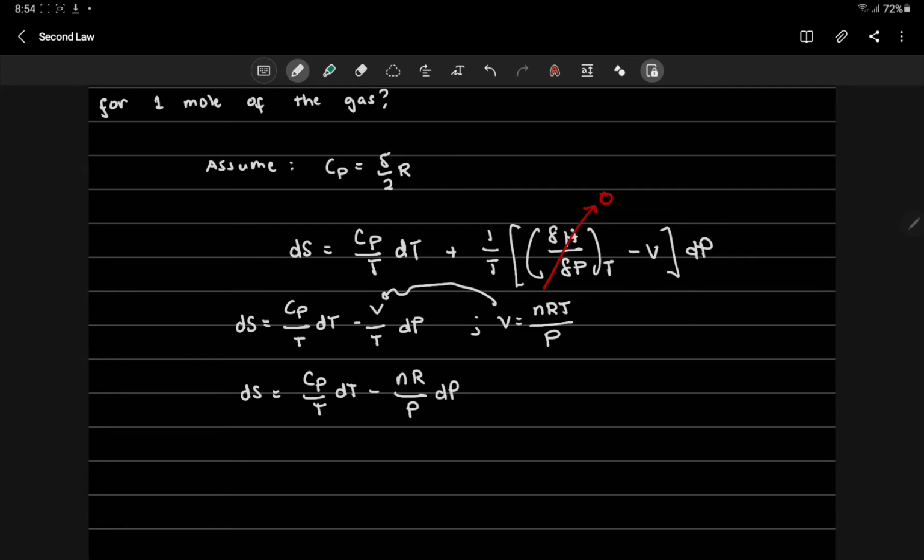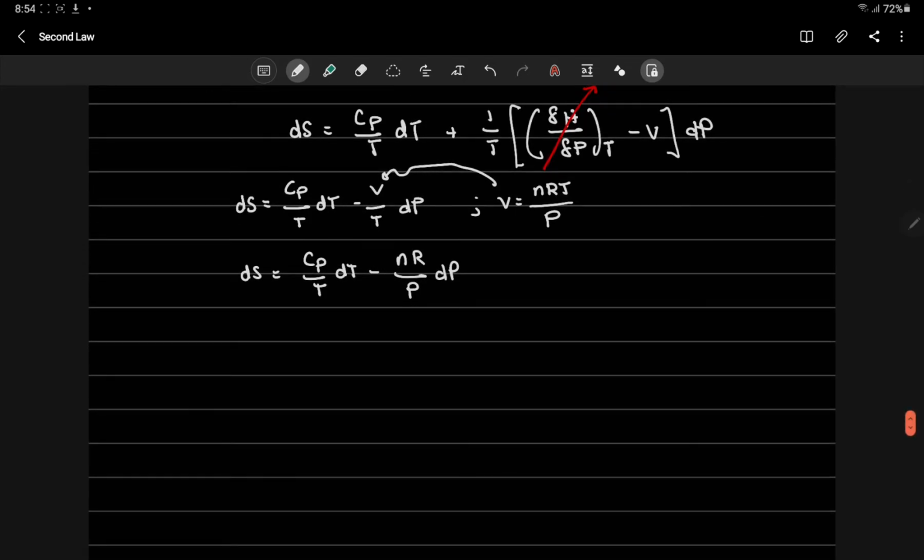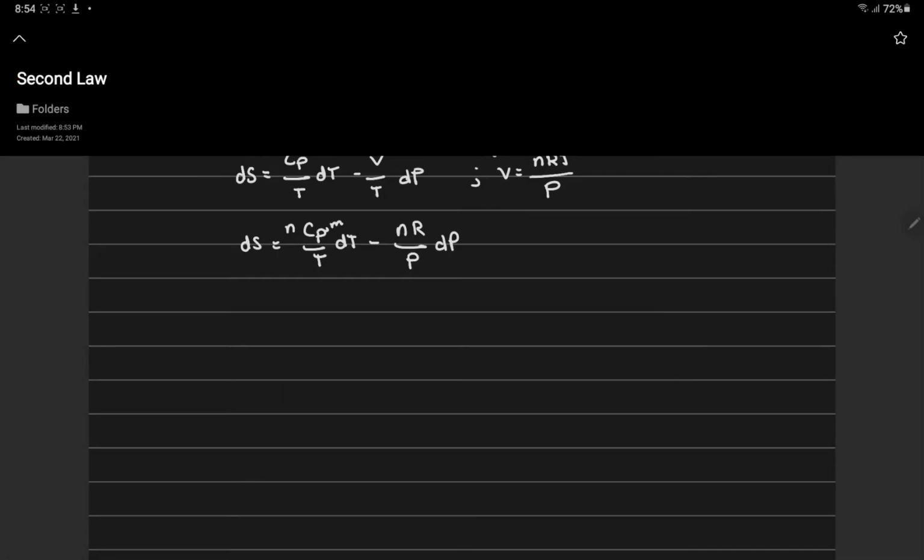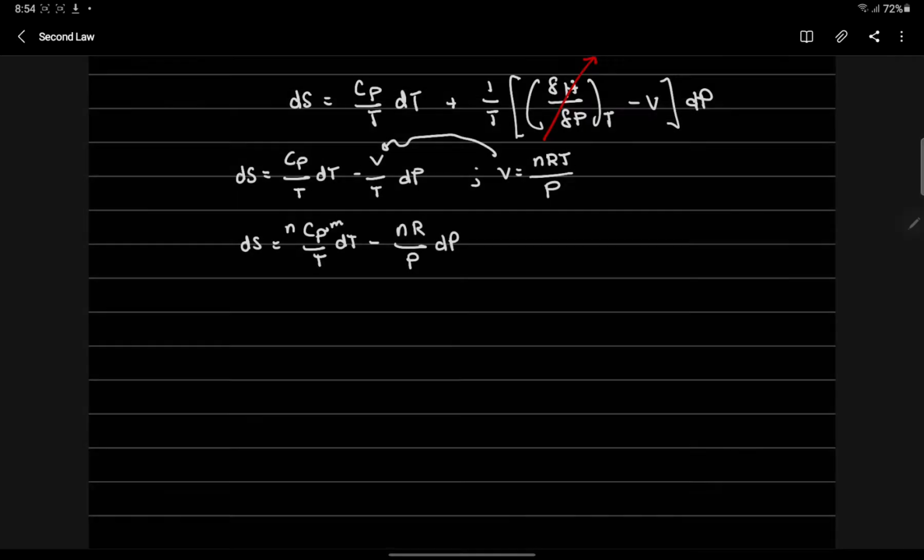Na-cancel na kasi yung temperature natin. Now, merong given na moles or the amount of the gas, right? So actually, yung Cp natin, sabihin nating molar heat capacity yan. So we have to multiply pa by the number of moles so that we have a proper equation now. And what will happen next is we can now integrate this equation.